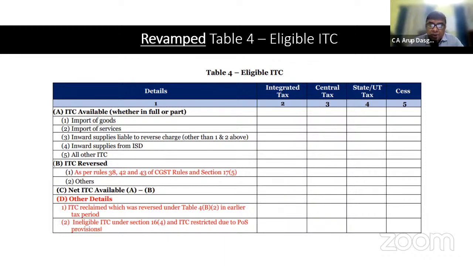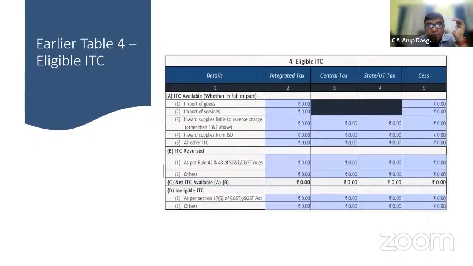So now there is a controversy, there is an allegation कि आपने ये क्रेडिट ले लिया है, ठीक है ना, आपने क्रेडिट ले लिया, आपने डिस्क्लोजर नहीं दिया है कि 17.5, क्योंकि जो लास्ट फॉर्म, we could give disclosure here as per section 17.5 of CGST, what is the ineligible ITC. Since you have not disclosed it, that means you have availed the ITC. That is the allegation. Now you have to fight the allegation.